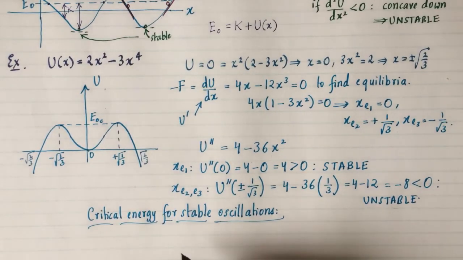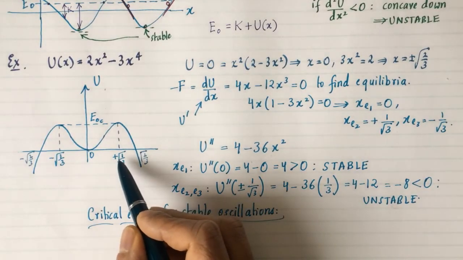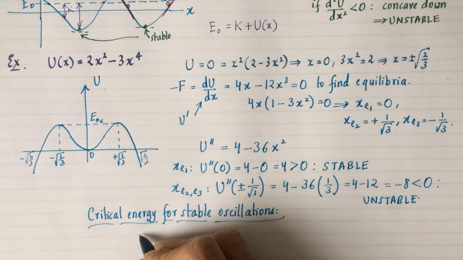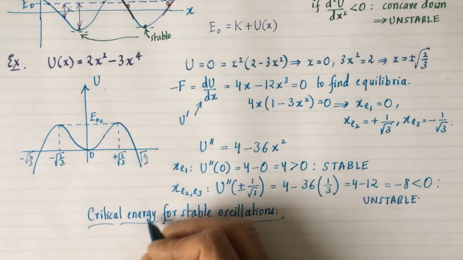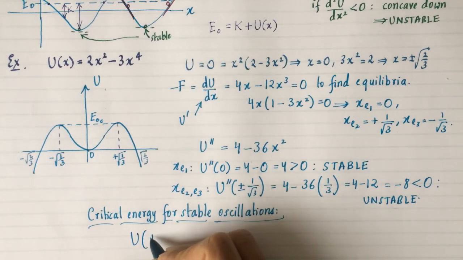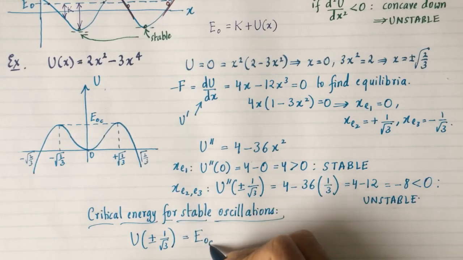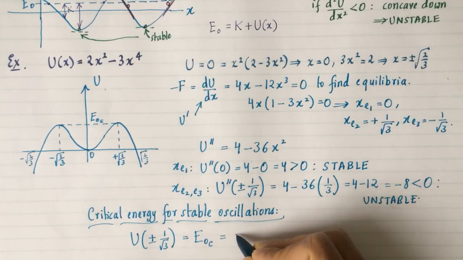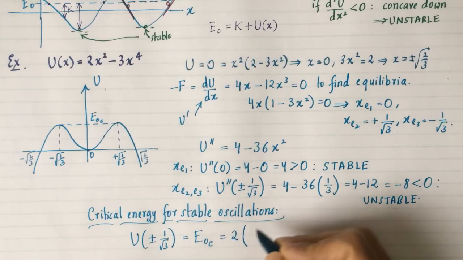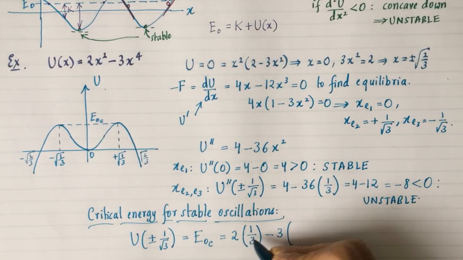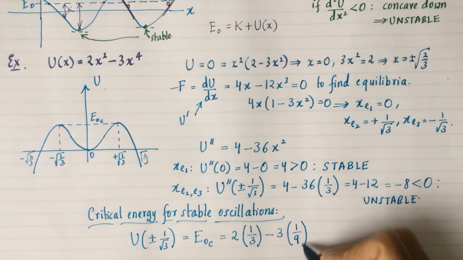Well, all we have to do is calculate the potential at plus or minus 1 over root 3. So the potential function is right there. Let's do it. U at plus or minus 1 over root 3 will turn out to be the stable energy, E naught critical, and that's 2 times x squared, which is 1/3, minus 3 times x to the 4, which is the square of that, or 1/9.